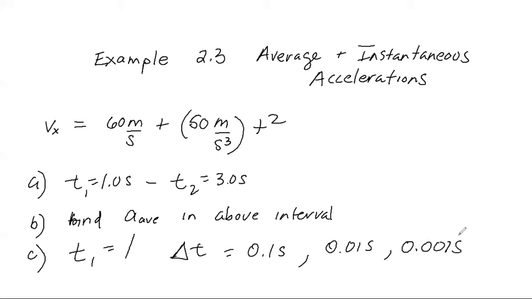And then finally, derive an expression for the instantaneous acceleration as a function of time. For that, we need to find dv/dt. We want to get that expression, and then find a sub x at t equals 1.0 seconds and t equals 3.0 seconds. Okay, so that's our mission.